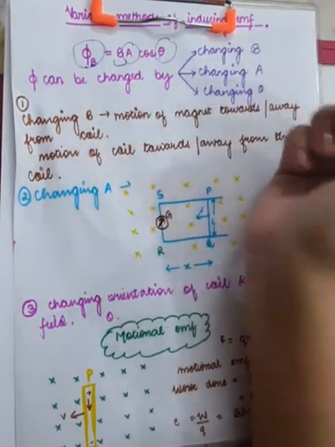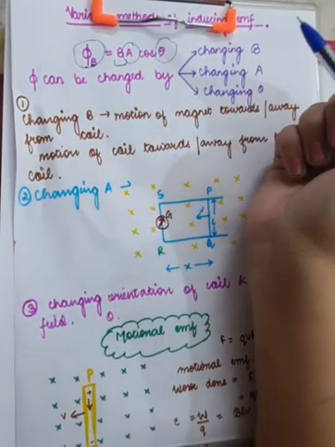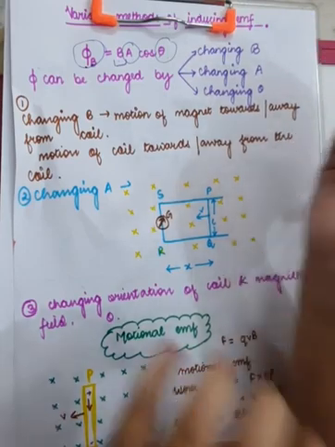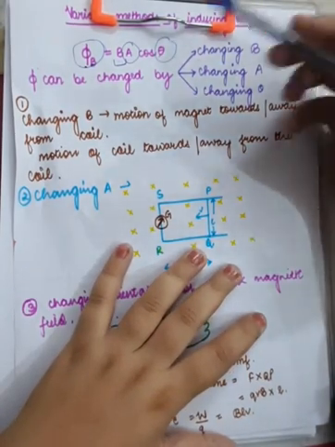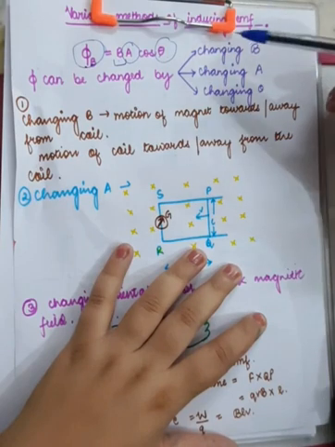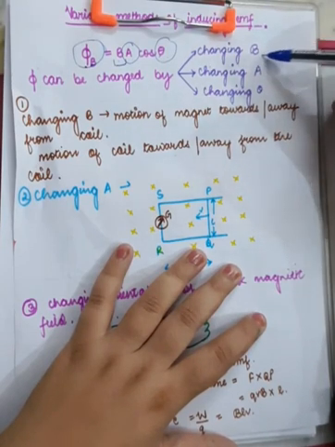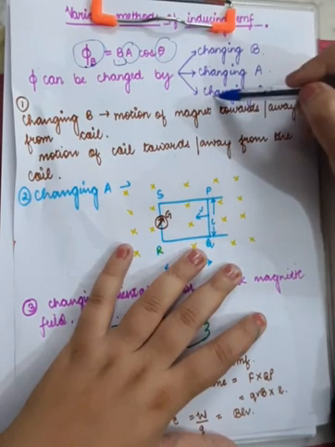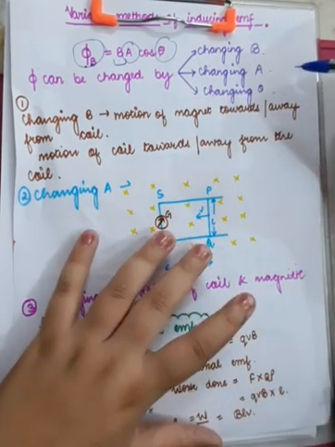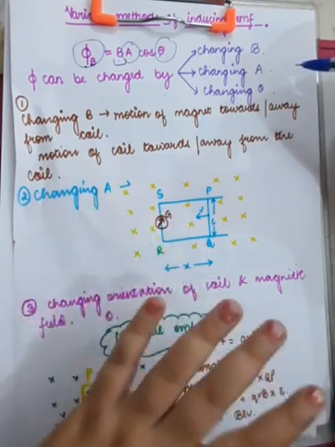So right here, you can see three ways in which you can change the magnetic flux: by changing B, by changing area, or by changing theta. So let's start discussing them one by one.